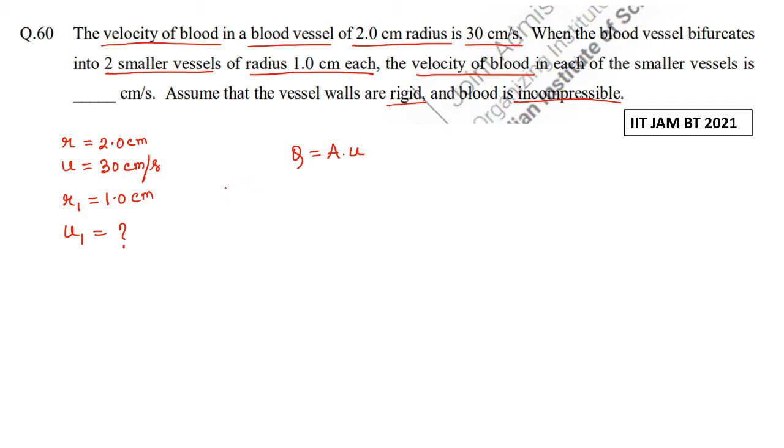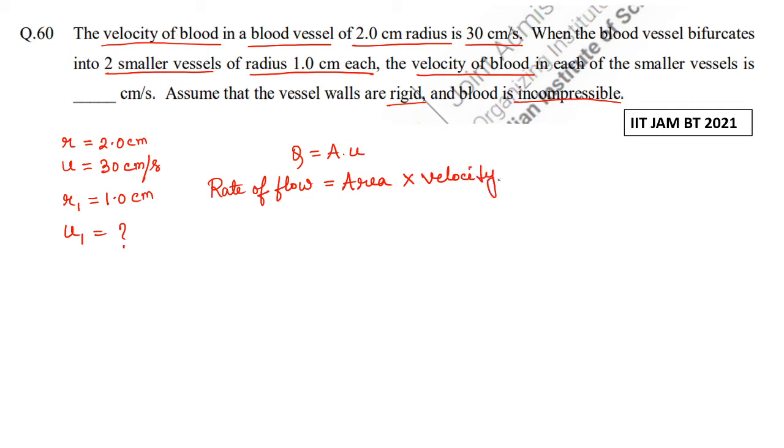Okay, now let me write this down. Rate of flow is equal to area into u, where u is velocity.